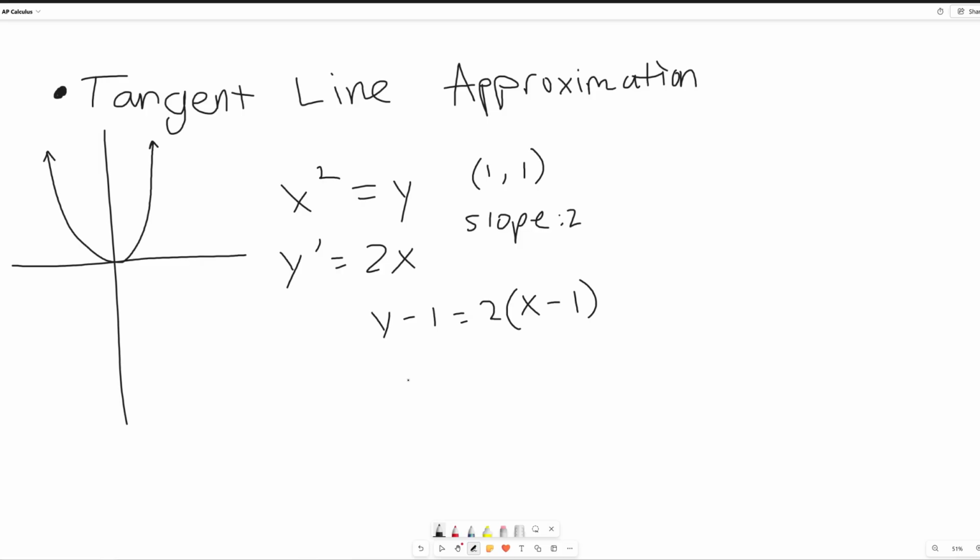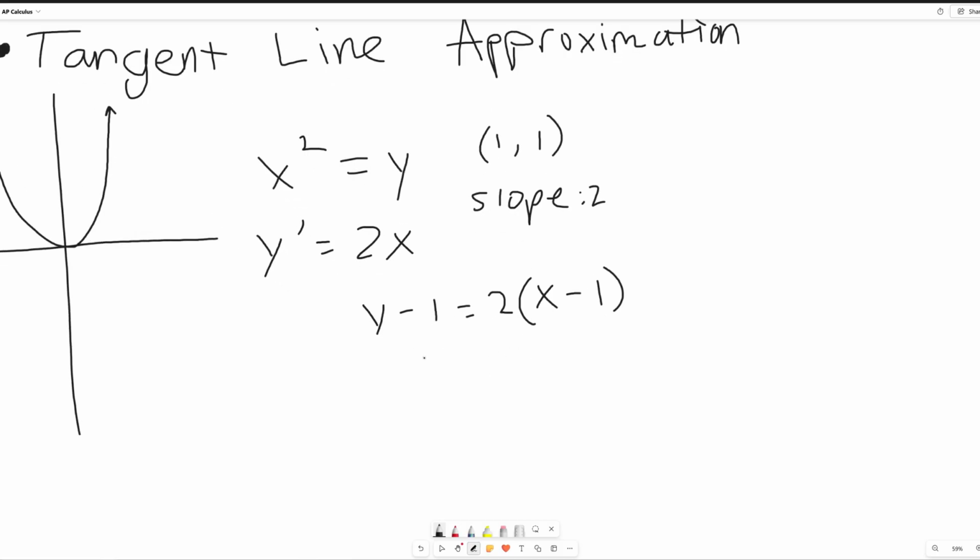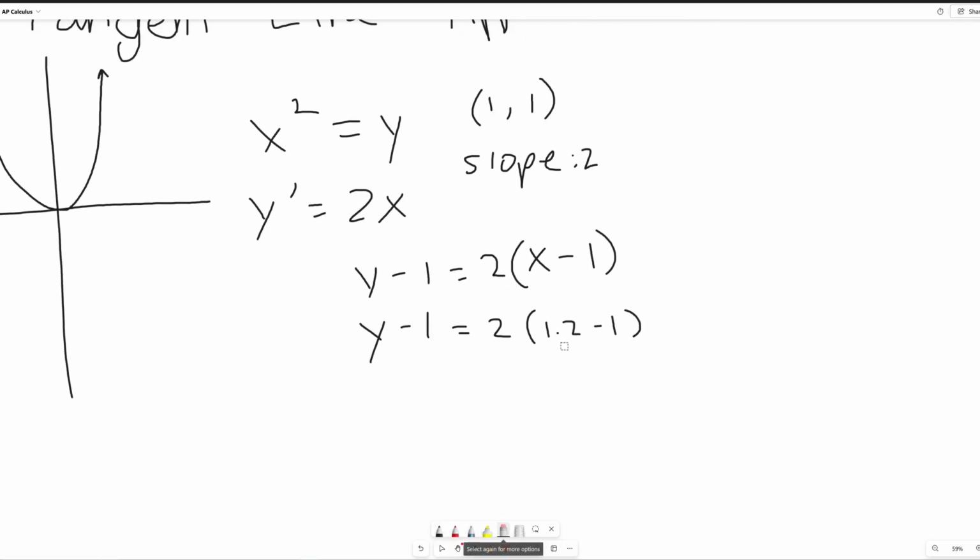So we have our full tangent line, and if we wanted to approximate x equals 1.2, we would then have to plug 1.2 in. So y minus 1 equals 2 times 1.2 minus 1. 1.2 minus 1 is 0.2.